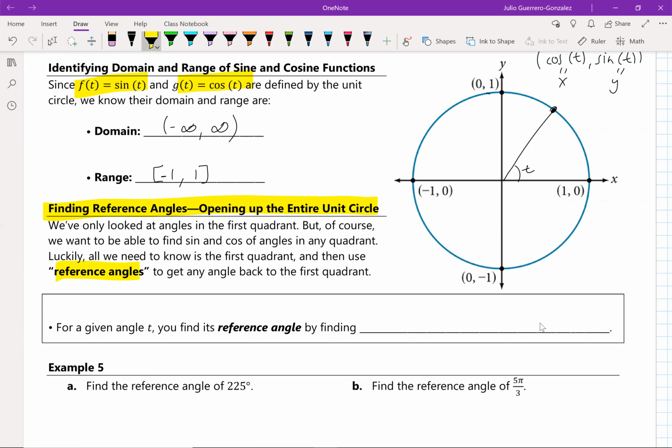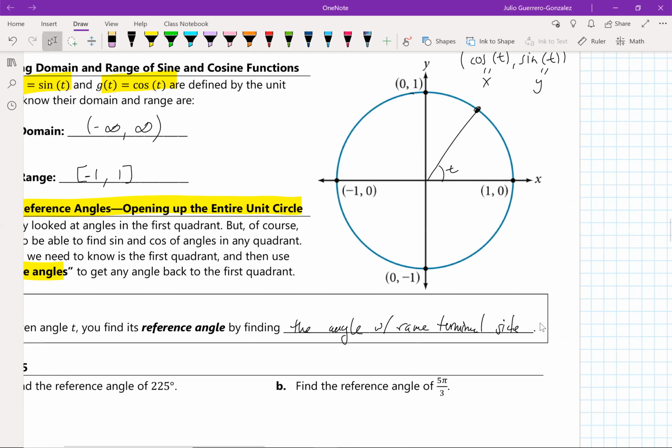In order to find a reference angle, you find the angle with the same terminal side inside Q1, the first quadrant.